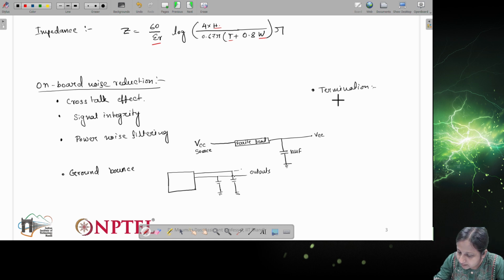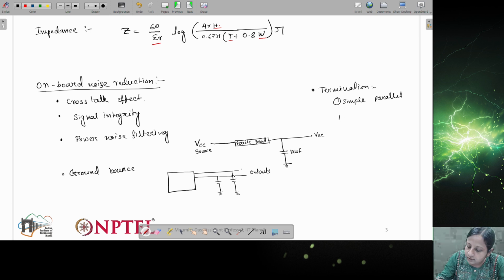The first one is simple parallel. Here, if there is a signal, this signal is connected to the impedance which can be calculated using this particular formula.